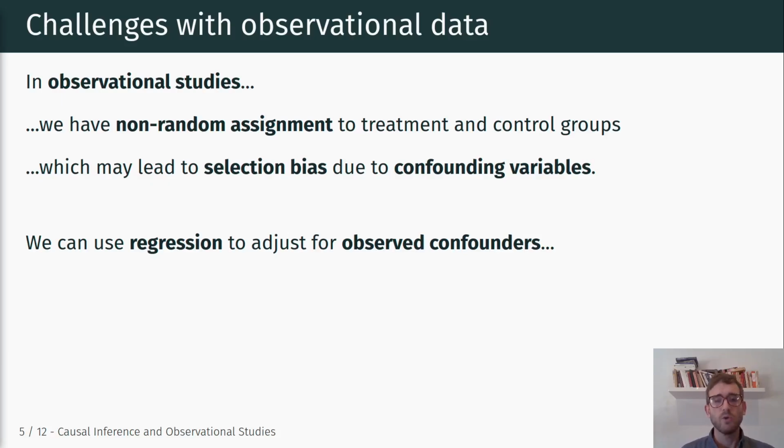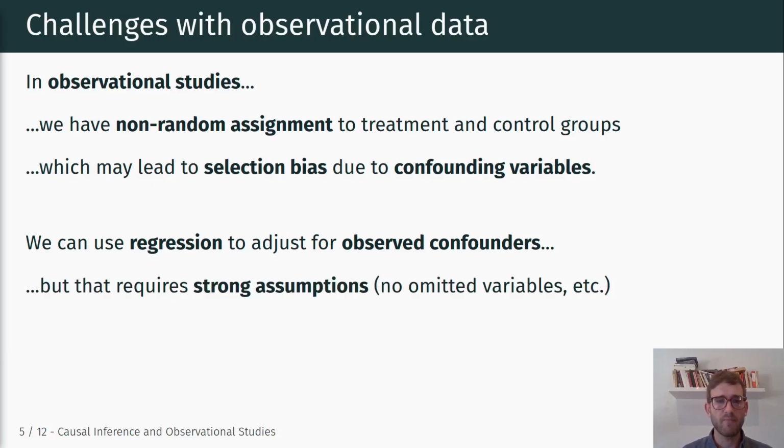In a case where we observe all potential confounding variables, we can use regression, the techniques we talked about throughout the semester, to adjust for these confounders. But the key is that this requires very strong assumptions.